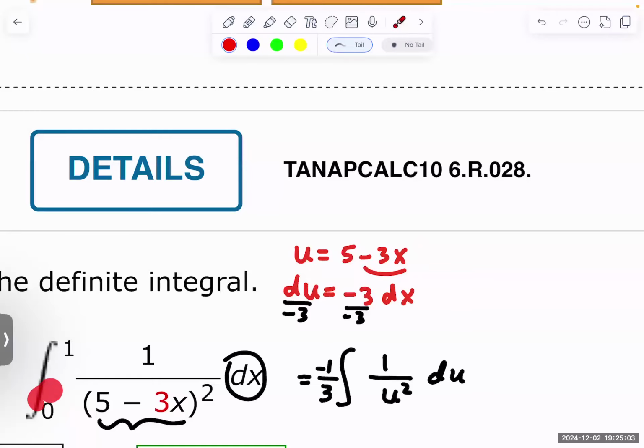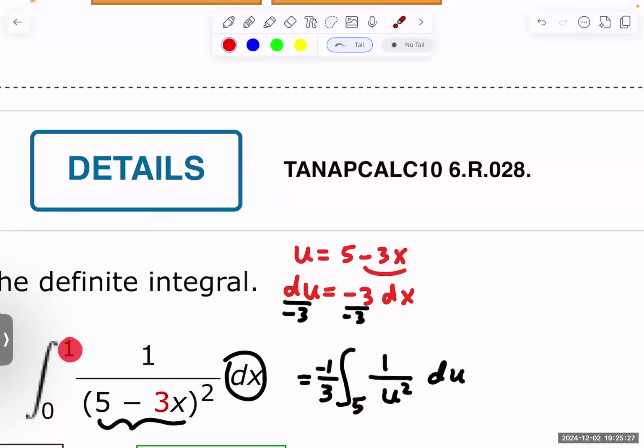So if I put 0 for x, this is gone, so I only have 5. So my limit is 5. If you put 0 for x, 3 times 0 is 0, so u is 5. So I put 5.